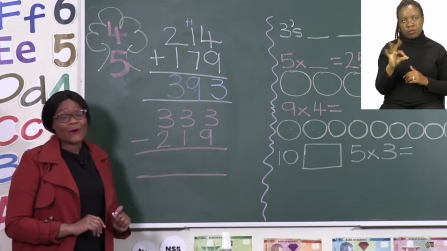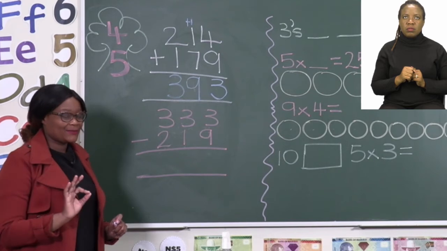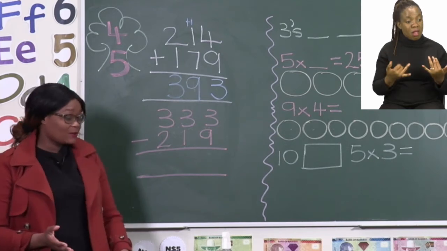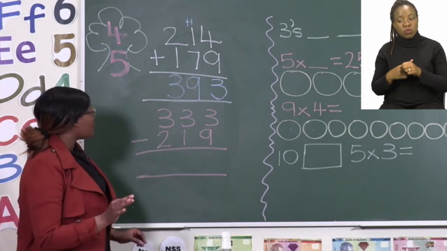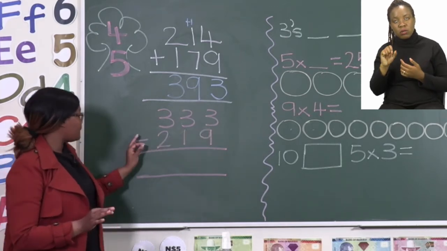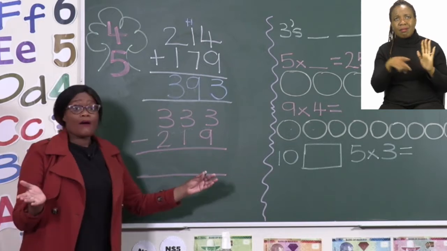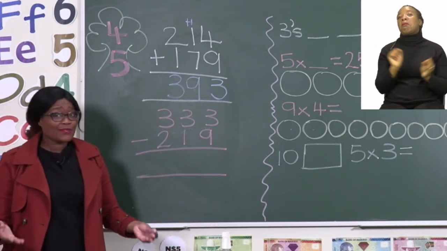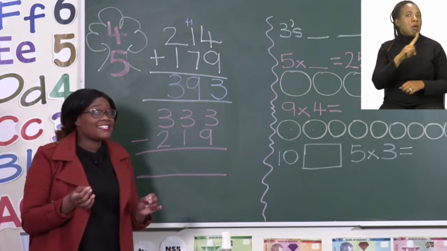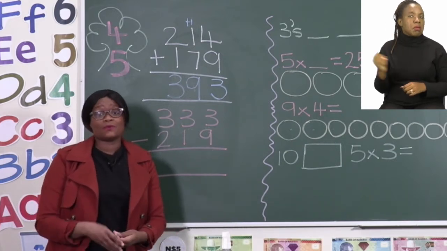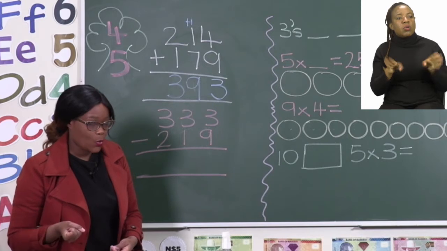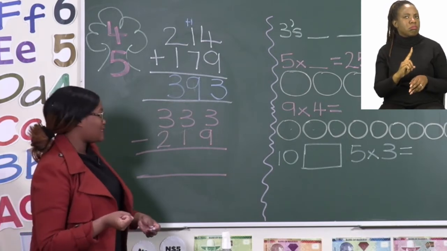So we have to subtract. And like what we did before, we start with our units. We say 3 minus 9. But it can't, because remember, 3 is not bigger than 9. So for us to do this, we need to borrow. Now, this is where it comes into play.